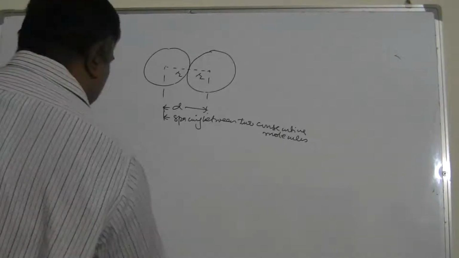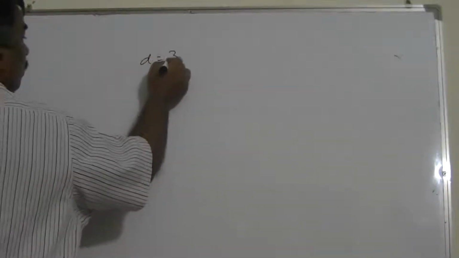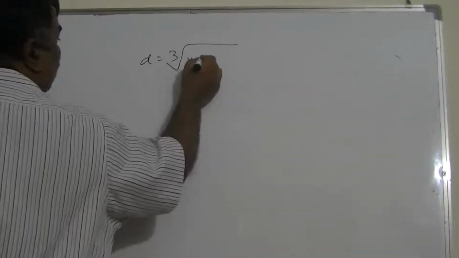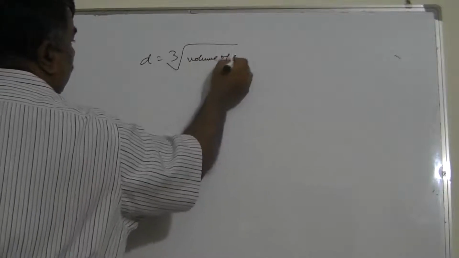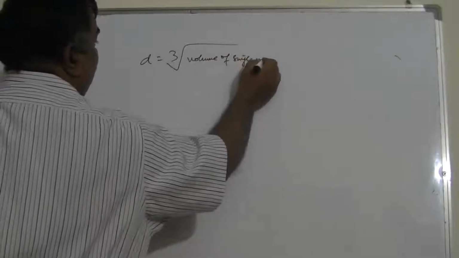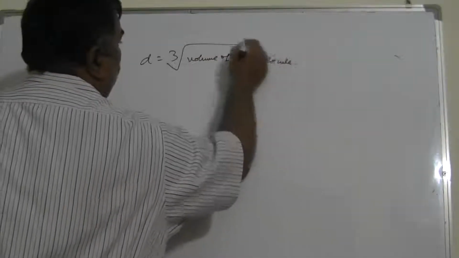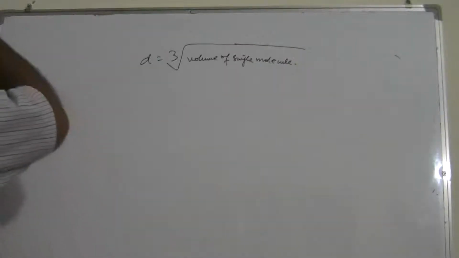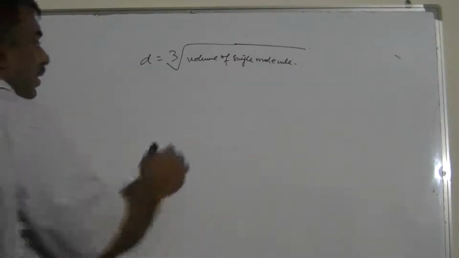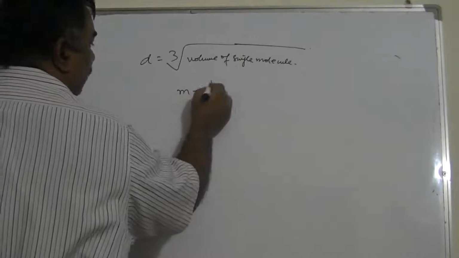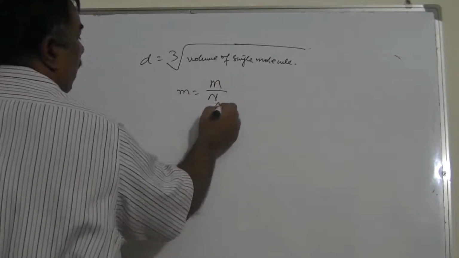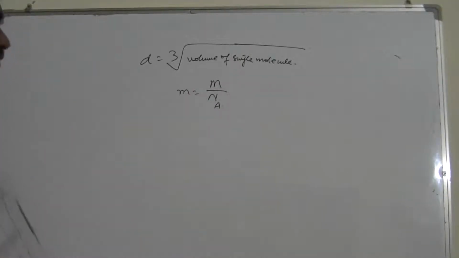Now how is it determined? It is determined just by taking the cube root of the volume of a single molecule. And how is the volume of a single molecule found? First, the mass of a single molecule is found by the formula m = M/Na, where M is the molar mass and Na is Avogadro's number. Now the concept of density is used.